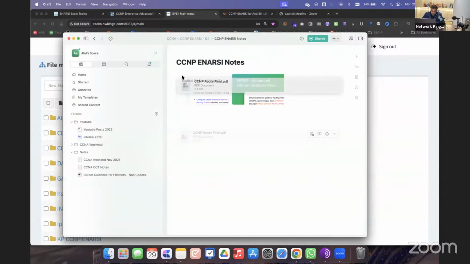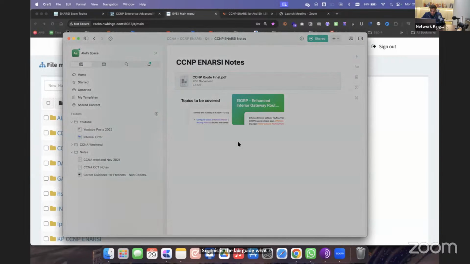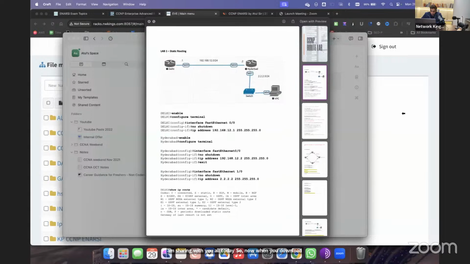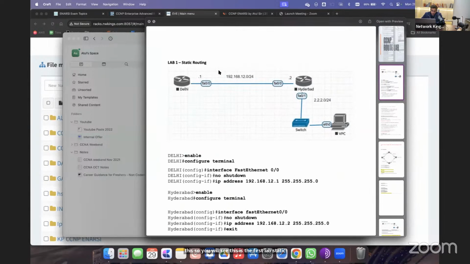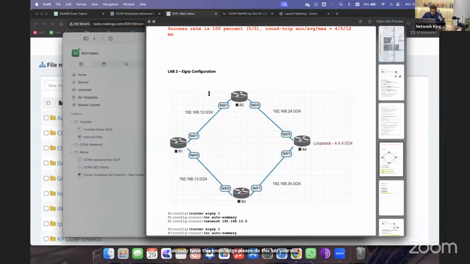This is the lab guide I'm sharing with you all today. When you download this, you will see the first lab is static routing. I think you already have this knowledge, so please do this lab yourself. But lab 2 is what we will cover.